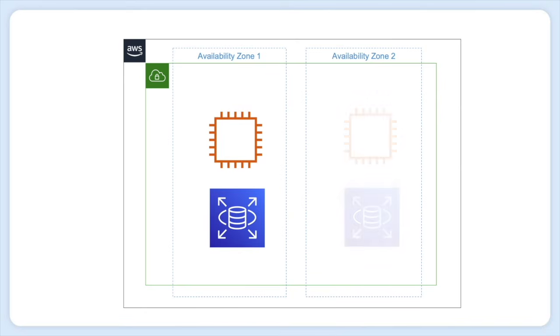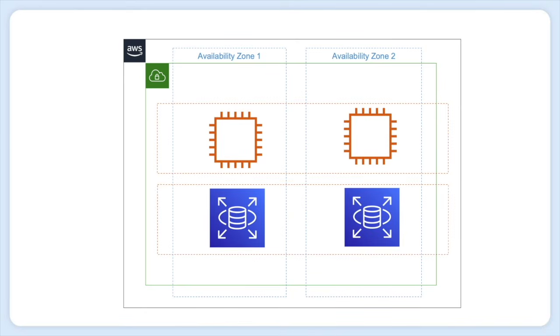Suppose in an AWS region, we have two availability zones that we will call availability zone 1 and availability zone 2. So the first thing we would do is launch an EC2 server and a corresponding database in the availability zone 1. Similarly, we would launch another web server and corresponding database in the availability zone 2.